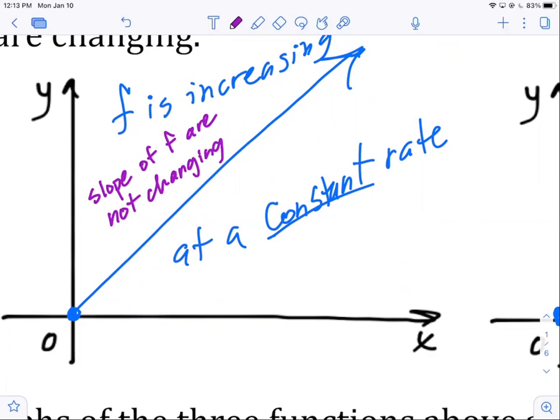Zero. Very good. So in this case, f double prime equals 0. Okay. No curvature. 0 curvature. 0 concavity. I would agree, right? That line is straight. Is it curving at all? No. 0 curvature. The slopes are not increasing. The y values are increasing, but the slopes are not.